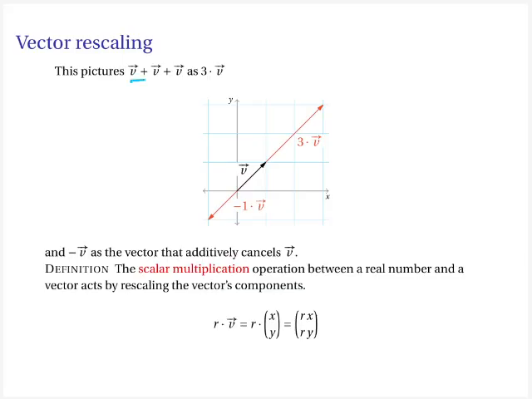If I want to add the vector to itself 3 times, I expect each of the components to grow by a factor of 3. That's exactly what it says: 3v makes the x's 3 times as big and the y's 3 times as big. Or minus 1, or 1.75, or pi, or whatever you want for the rescaler r. So scalar multiplication rescales the vector's components.